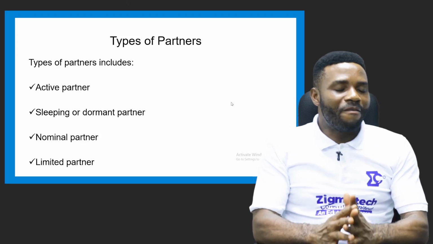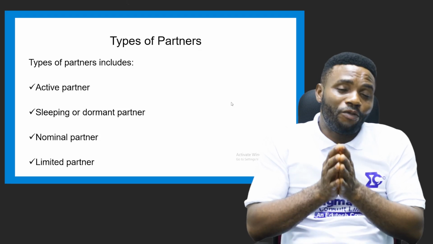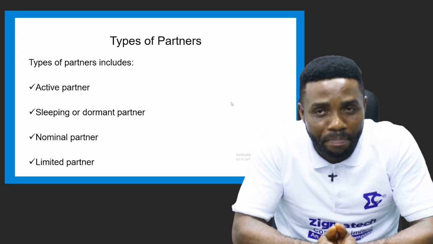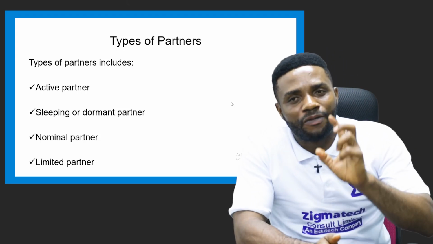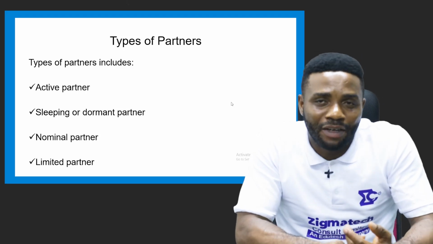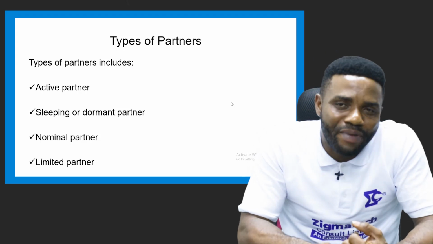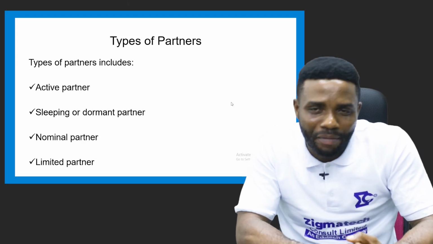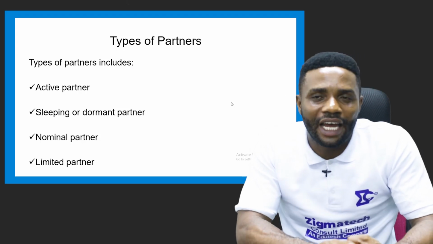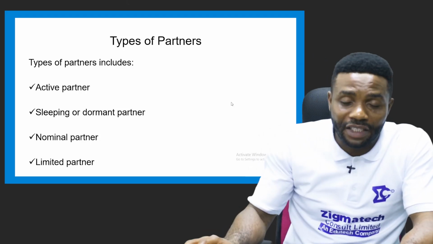Not everybody that is involved in a partnership business actually becomes a partner. A partner must fall within these four categories. Number 1, an active partner. Number 2, a sleeping or dormant partner. Number 3, a nominal partner. And then number 4, a limited partner. We are going to explain these partners one after the other.